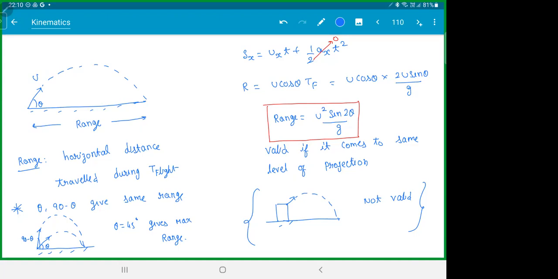Next one. Check it out. Have a look at this page.